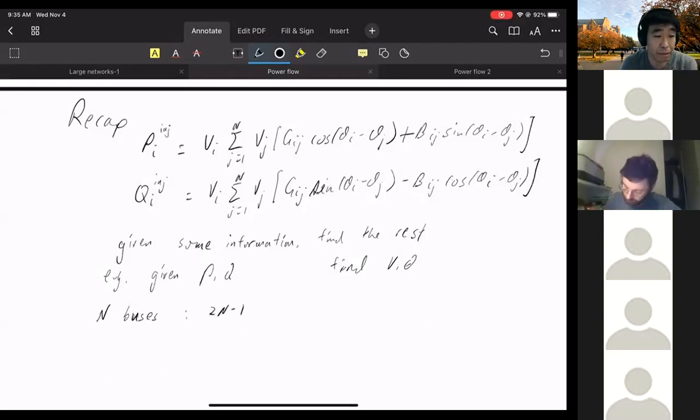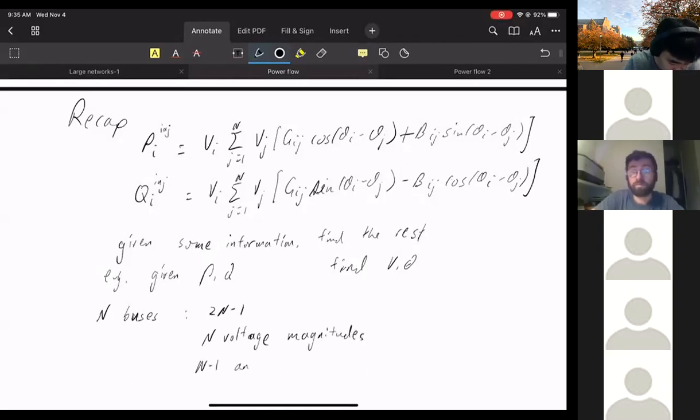We have n voltage magnitudes and n minus 1 angles. So together, 2n minus 1 are the degrees of freedom. We need this many pieces of information to solve for the rest.